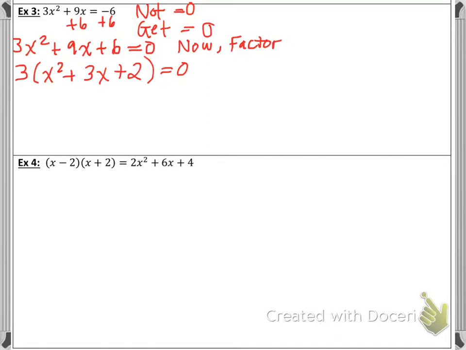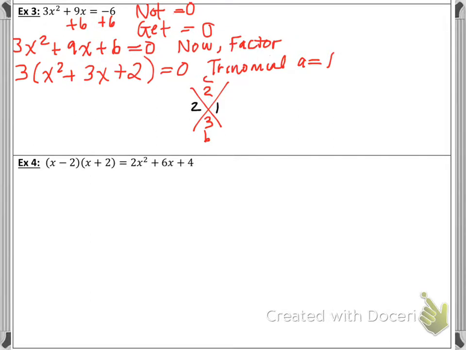Okay, now following the flowchart, I have a trinomial and a is 1. So that means I can just use the x. I don't have to do anything more complicated. I just need what multiplies to c and adds to b. So my c value is 2, my b value is 3. The numbers that multiply to 2 and add to 3 would be 2 and 1.